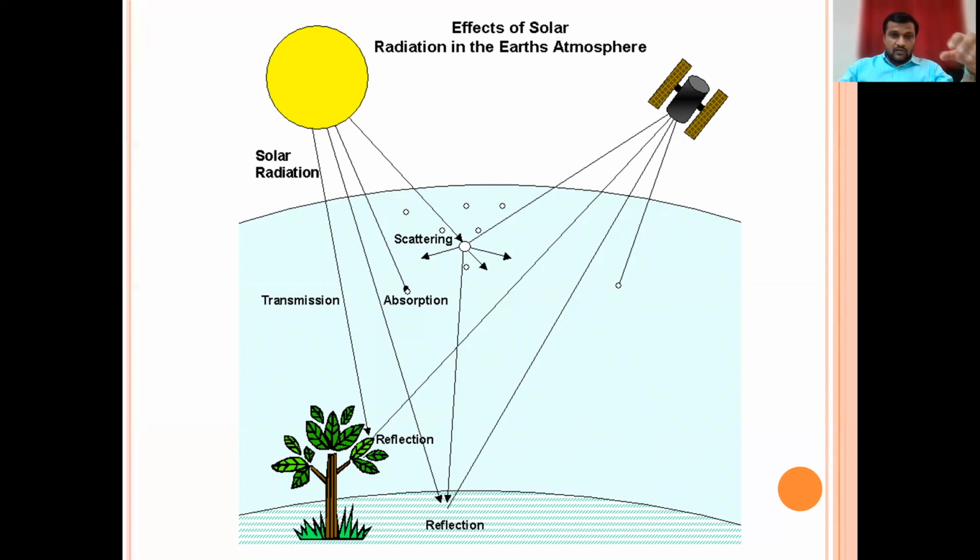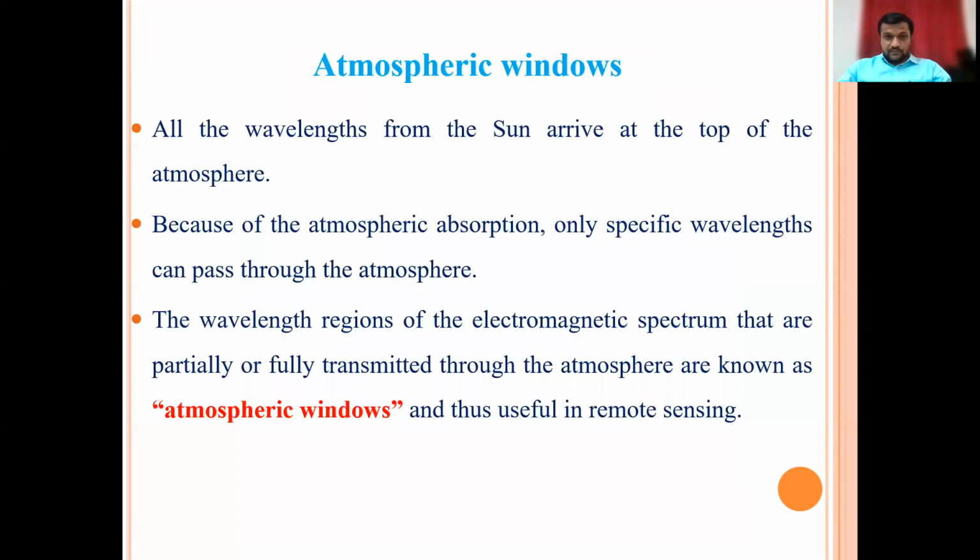Some amount of radiation can transmit through the atmosphere and reach the earth's surface. This energy will be reflected from the target and again captured by the sensor, and then it can be used for further processing and analysis.